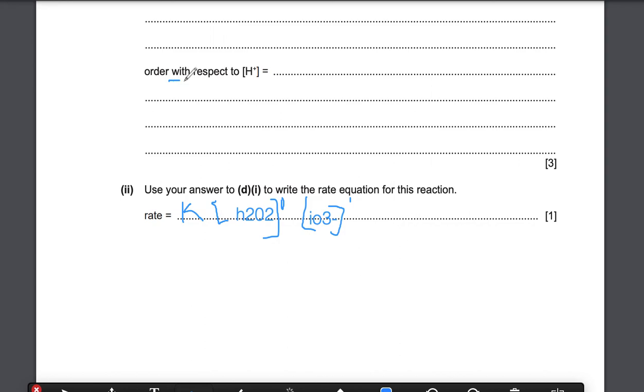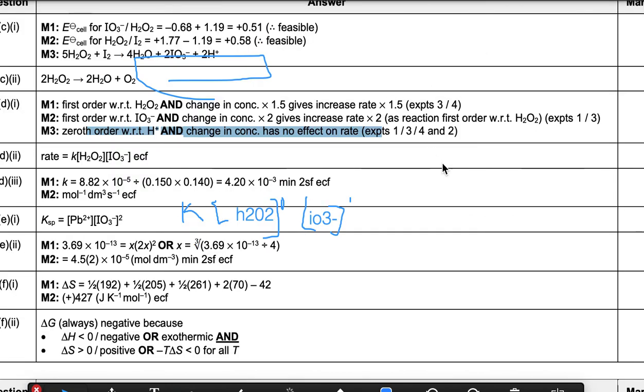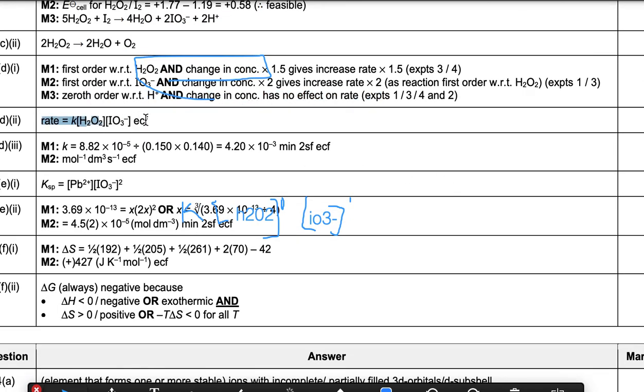But it is a zero order reaction for hydrogen ion, so we don't write it in the rate equation because it has no effect on the rate. That's how it goes. Alright.